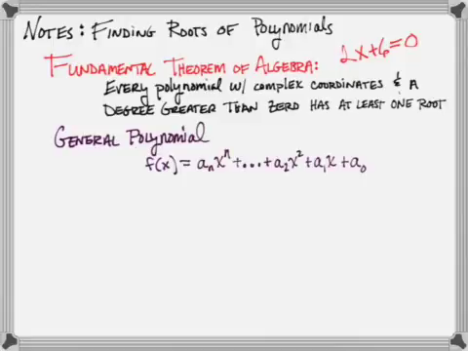This ... is an ellipsis. It means the pattern just keeps going. And then the a sub 0, what type of number is that? Is that a variable? That's our constant. That's like the plus 6 up here. So we have our constants at the end. And this is called our leading coefficient.